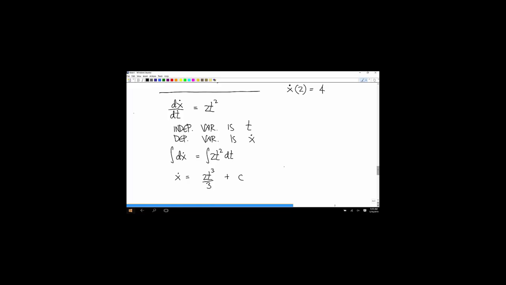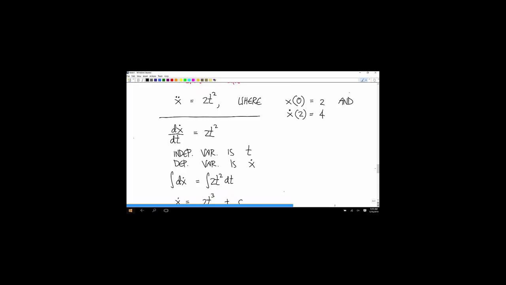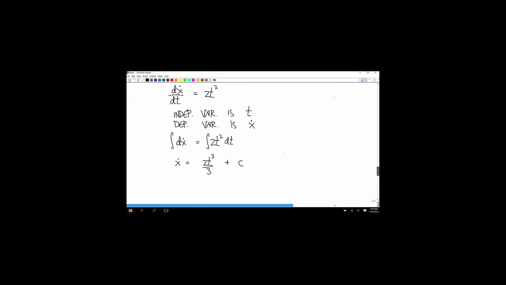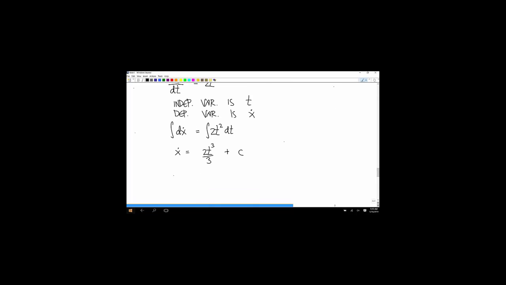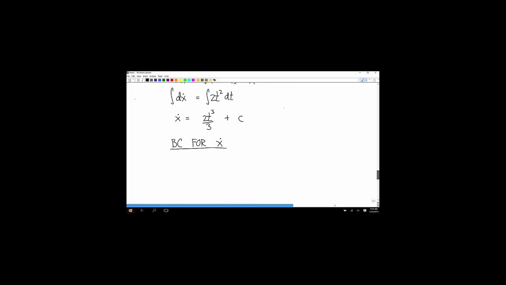And in this example, now we can use one of these boundary conditions. So we'll use the boundary condition for x dot. It says that when time is equal to 2, x dot is equal to 4. So plug those conditions into this equation.